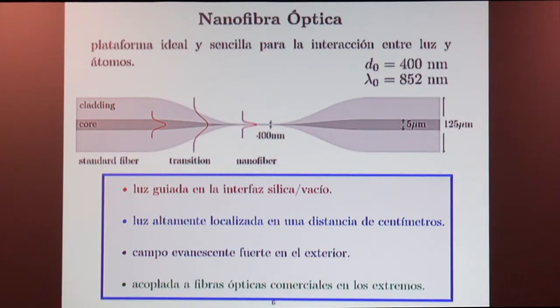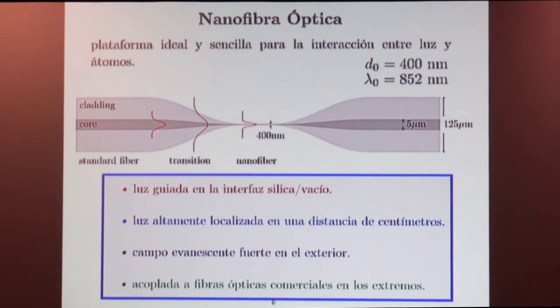My fibers were not that great compared to Luis Orozco's fibers, where the transmission was 99.999, and I don't remember how many nines. But yes, the transmission was never enough. Never enough, yes. So this is a great advantage. I can make the light interact really strongly with any emitter that I can put here, that is going to be atoms, and I can bring the light in and take the light out using commercial fibers.